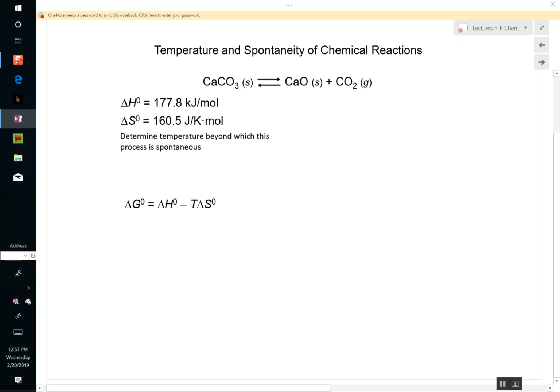What's the condition for spontaneity? Delta G. Okay, delta G equals 0, it would be at equilibrium.